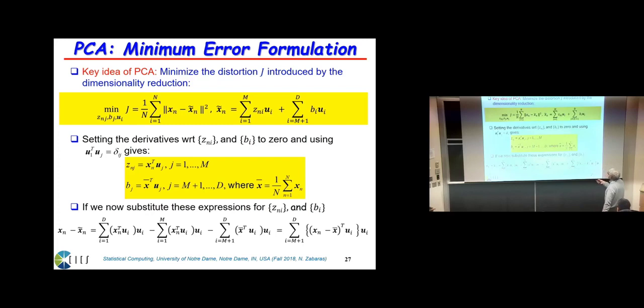The projection error is 1 over n, summation over all the n's, of the square error of the exact point xn minus its approximation, and remember its approximation looks like this. So our criterion is: find the coefficients z, the coefficients b, and also the vectors u, so that when I represent this in m dimensions, this approximation minimizes the square error.